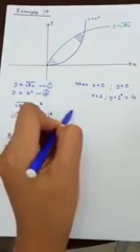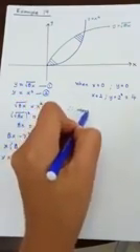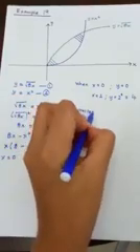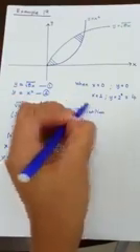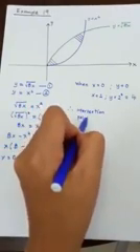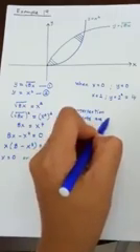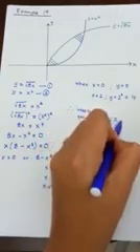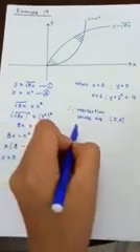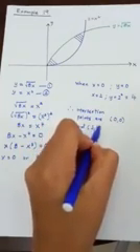Therefore, our intersection points are (0, 0) and (2, 4).